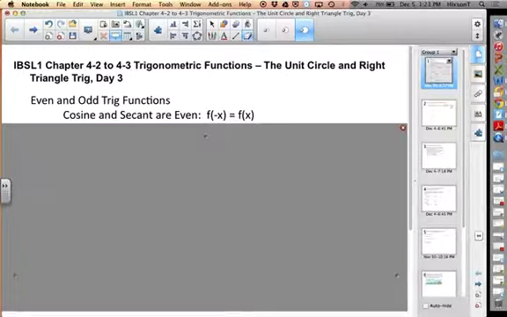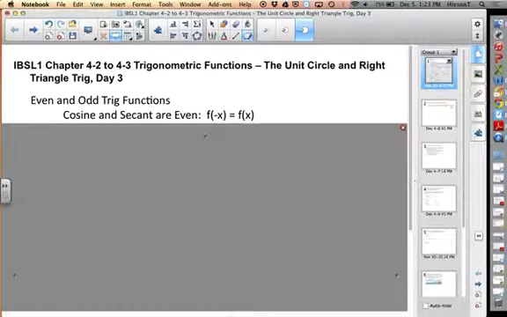So f of negative x equals f of x. If you plug an angle into cosine, you'll get the same thing as if you plugged in the opposite of that angle. So cosine of 50 has the same value as cosine of negative 50. We'll look at some more examples below.